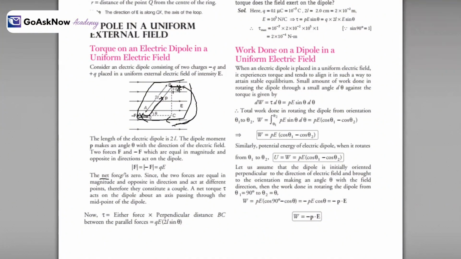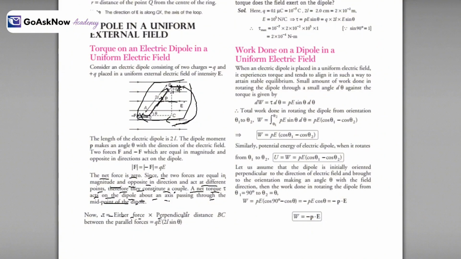So the net force is zero since the two forces are equal in magnitude and opposite in direction and act at different points. Therefore they constitute a couple. A net torque tau acts on the dipole about an axis passing through the midpoint of the dipole.